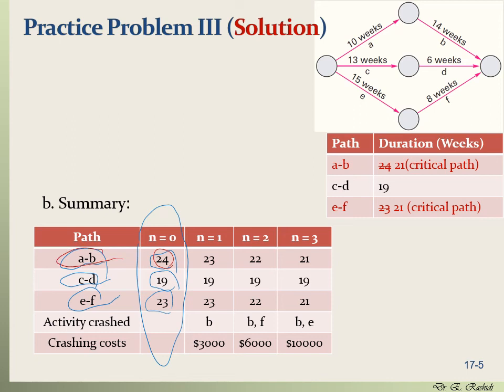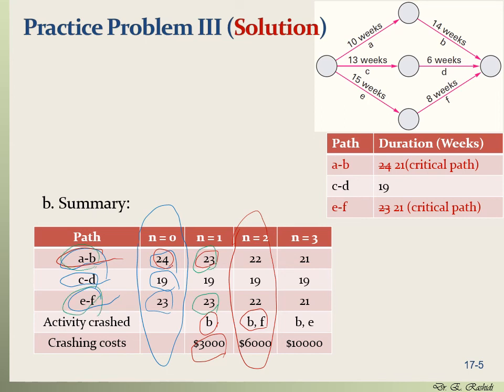We crashed activity B on path AB, and we paid $3,000, and the length of the path became 23. So we crashed the path by 1 week. In the second crashing step, we crashed the activities B and F because we now had 2 paths that were critical, EF and AB both.